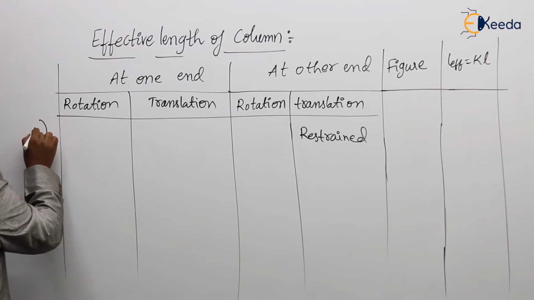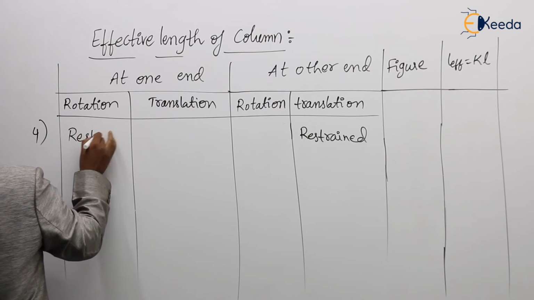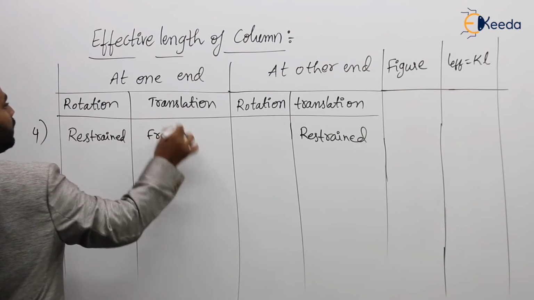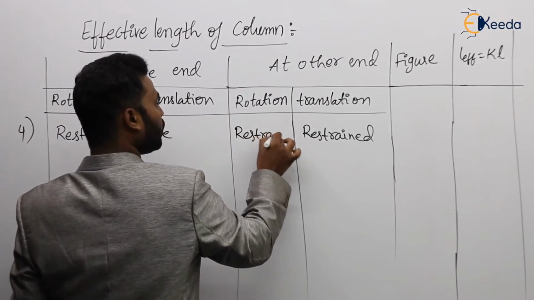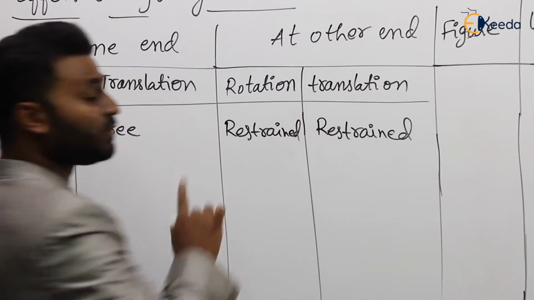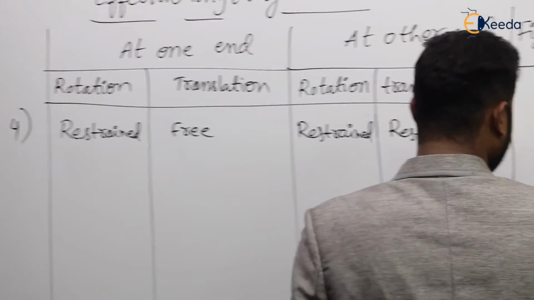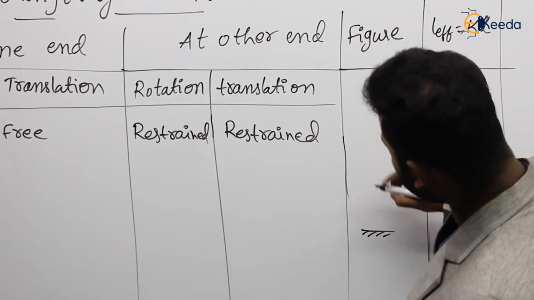The next is: at one end rotation is restrained and translation is free, and at the other end both rotation and translation are restrained. Then which type of support is it? Obviously one end is fixed, no doubt, the reason being both rotation and translation are restrained.